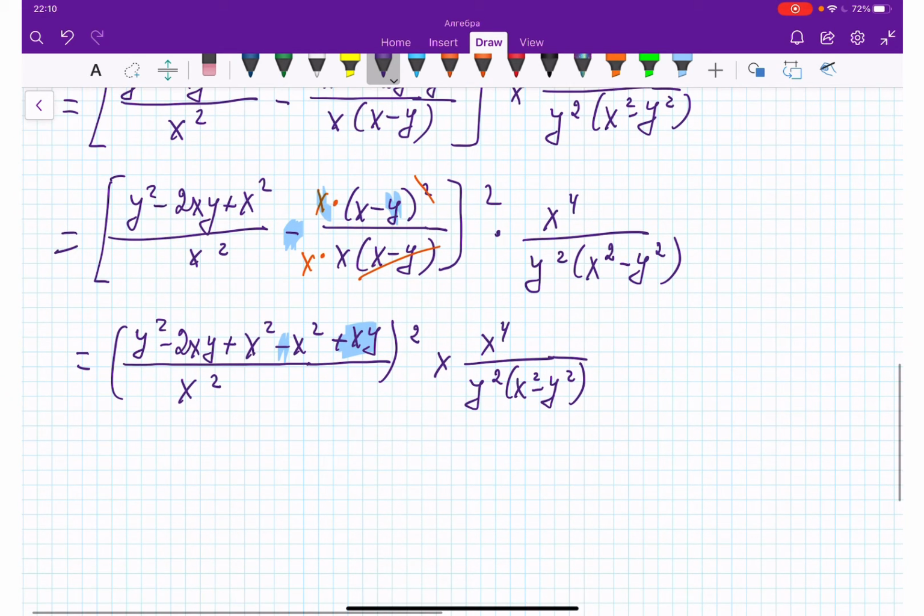Okay, so what do we get here? x squared is gone with this x squared, and negative 2xy and xy are like terms.